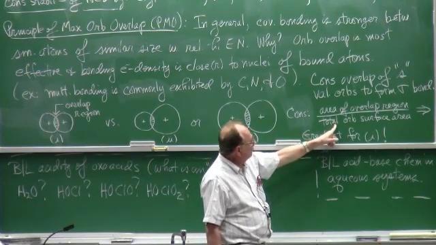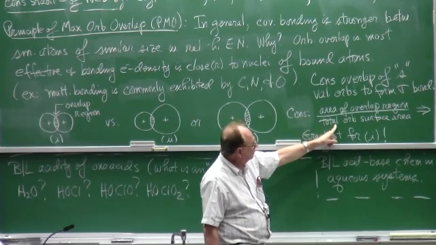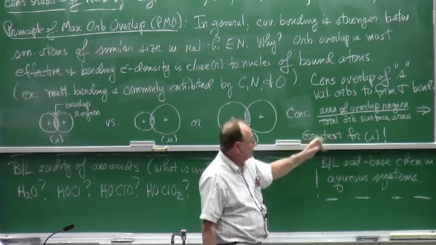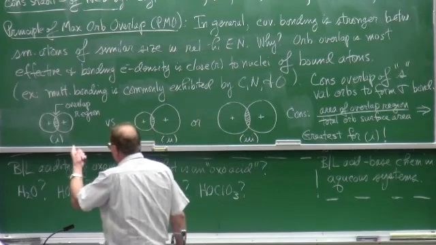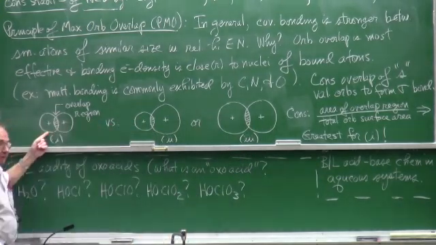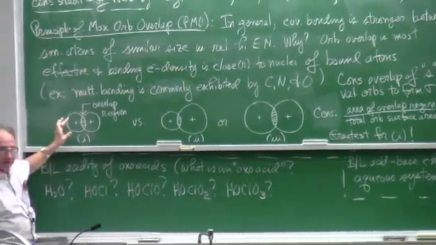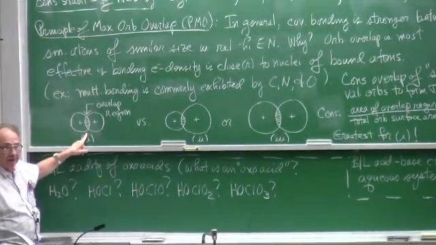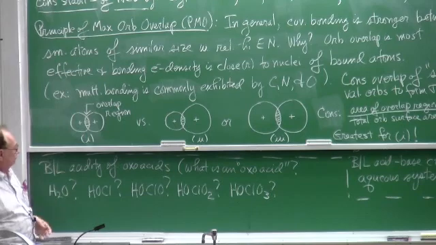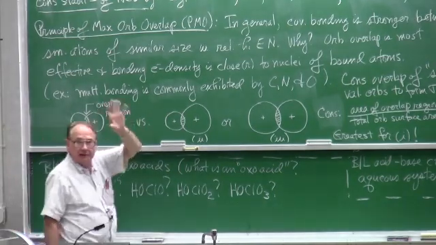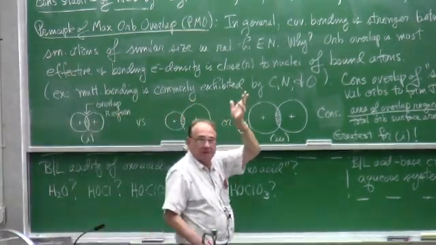Now, when will this area of overlap region relative to total orbital surface area be greatest? When we've got relatively small atoms with small valence orbitals interacting with each other. Did you see any pictures like this in 2045? I'm curious.